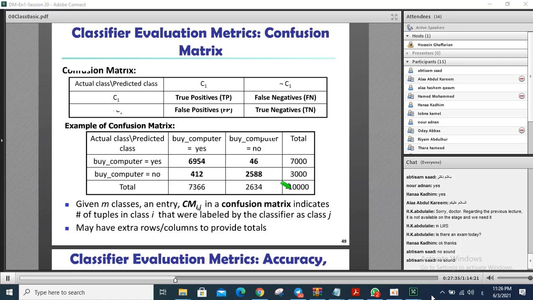Okay, how can I use this confusion matrix for my calculations?